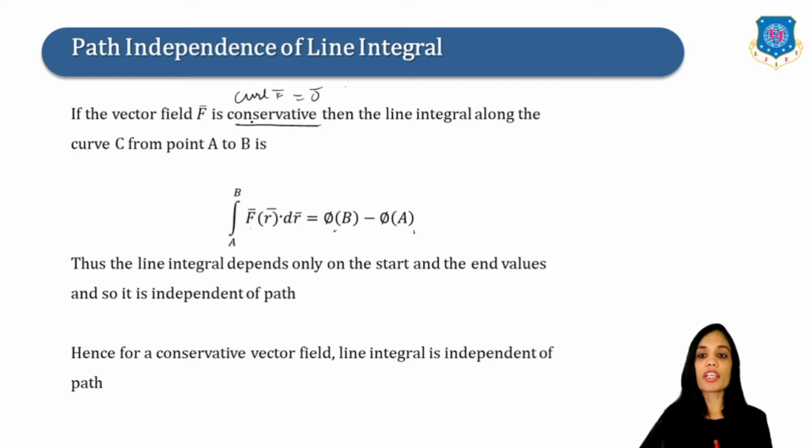So whenever you are given a conservative vector field, you will find the scalar potential phi. So the work done or the line integral answer will be phi b minus phi a. Thus, the line integral depends only on the start and end values, so it is independent of path. Hence, for a conservative vector field, the line integral is independent of path.